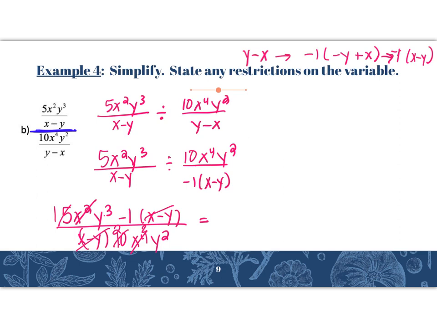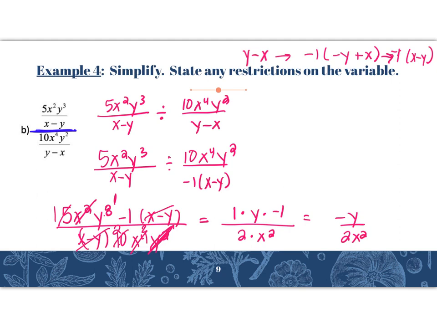Then I have a y cubed and a y squared, which leaves me with just a y to the 1st on top. So then in my numerator, I have 1 times y times negative 1 over 2 times x to the 2nd, which is what? Negative y over 2x squared.